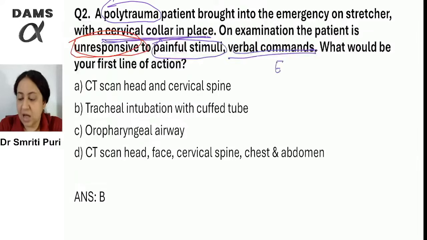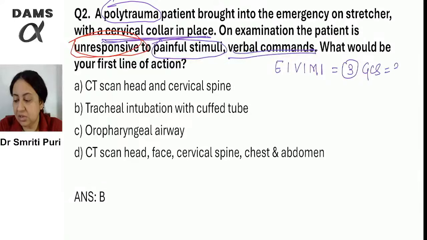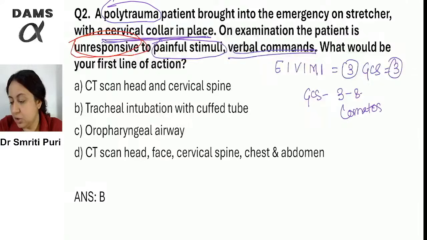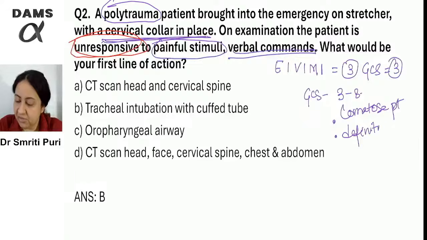So, there is no eye opening, no response to verbal commands, and no motor response. So, GCS is weak. Now, GCS between 3 to 8 is a comatose patient, and this patient requires definitive airway management.